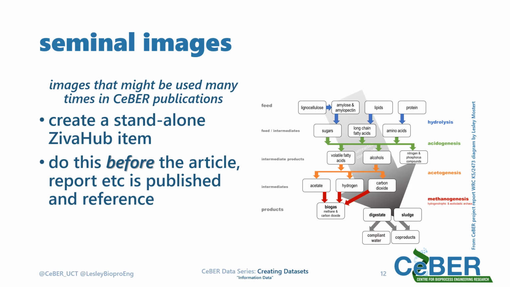So if you've got an image that you think you might want to use again and again, put it up as a standalone Ziva Hub item. And you must do this before you publish any kind of publication, journal, report, etc., with that image in it. And then you reference your Ziva Hub item in all your publications.